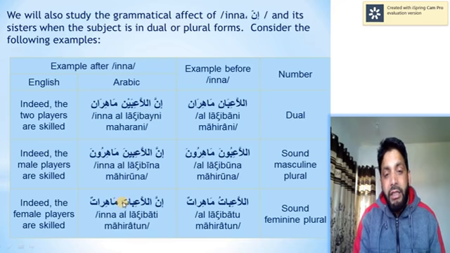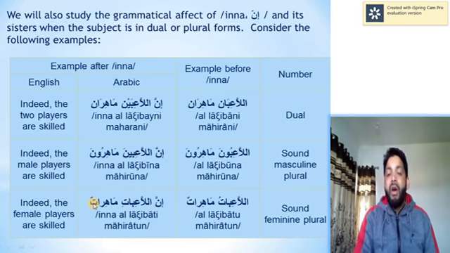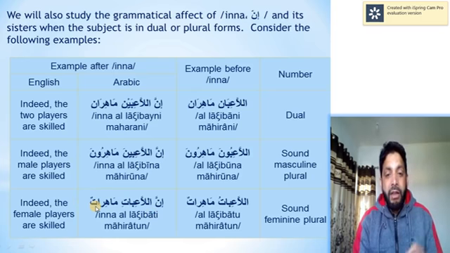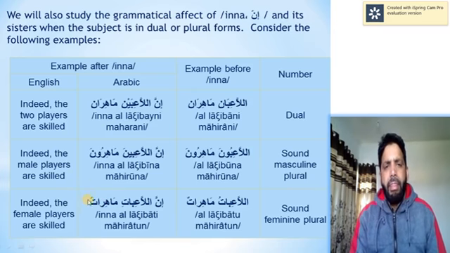This kasra. So we say inna is an annular particle, and la'ibat is its noun, and it's mansub, in accusative case, and mahirat is its predicate, khabar, and it's in nominative case, because the predicate of inna and its sisters is always in nominative case. So you see here mahiratun, it's marfu, in nominative case, and the sign of it being in nominative case is dhammatut tanween. This dhammatut tanween.